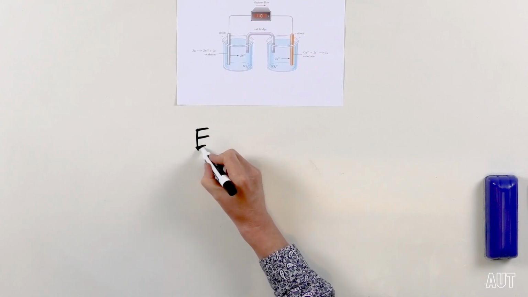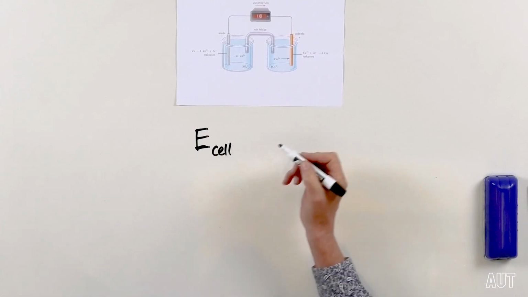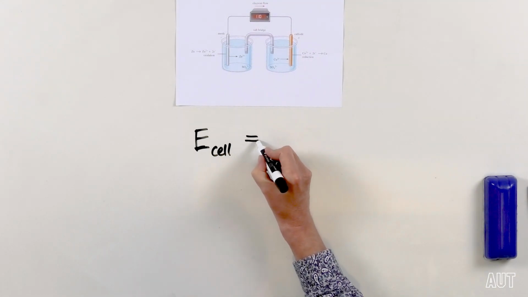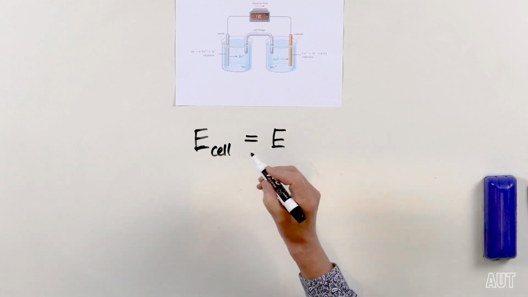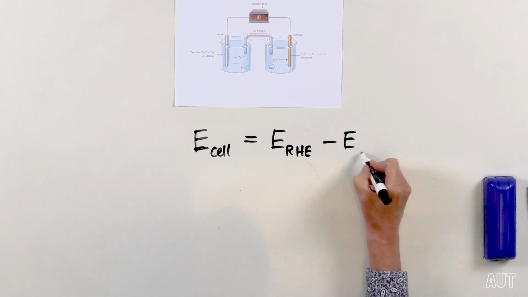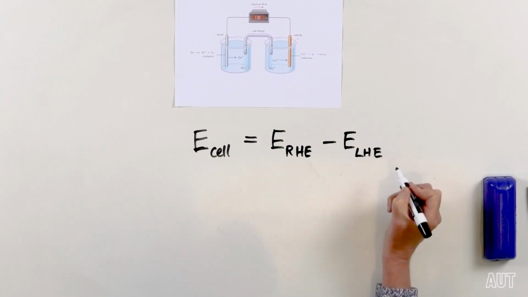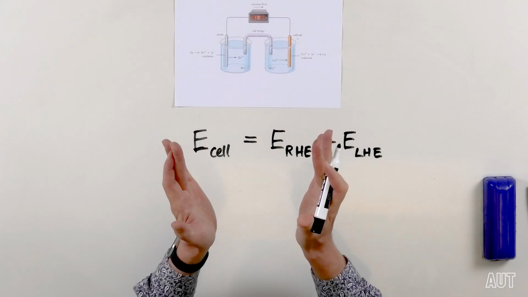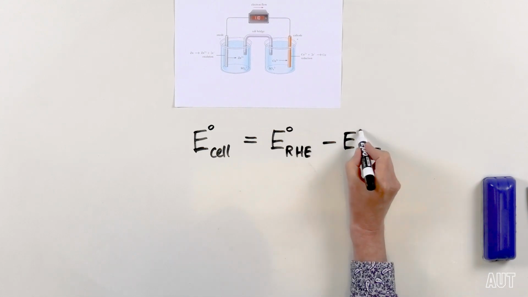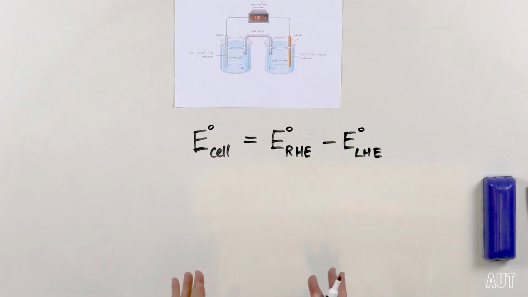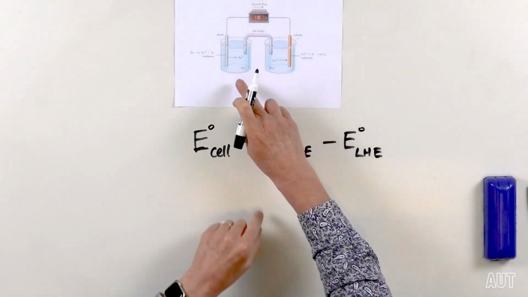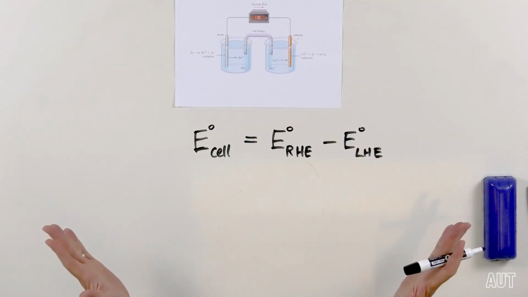The EMF of the cell, the potential difference of the cell, the voltage, call it what you will, is defined as being the E of the right-hand electrode minus the E of the left-hand electrode, okay? And if we do all of this under standard conditions, then we can put in the standard sign there, that the E standard of an electrochemical cell is the E of the right-hand electrode minus the E of the left-hand electrode. Okay, that's great, fabulous.